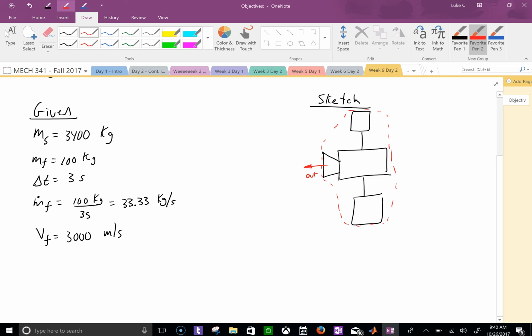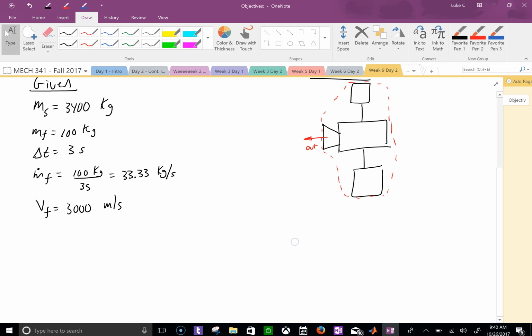So in space, there's no gravity, there are no external forces. When we start the solution, I'll do it down below.